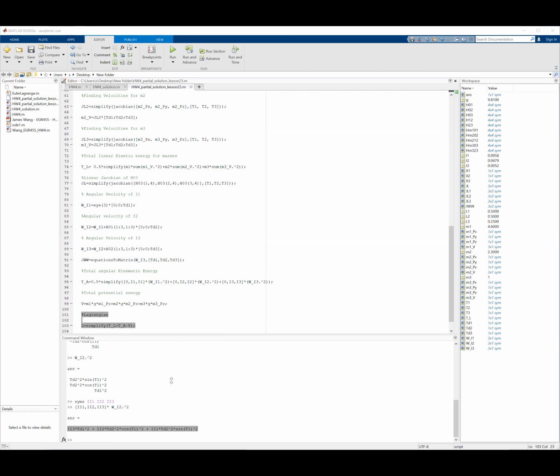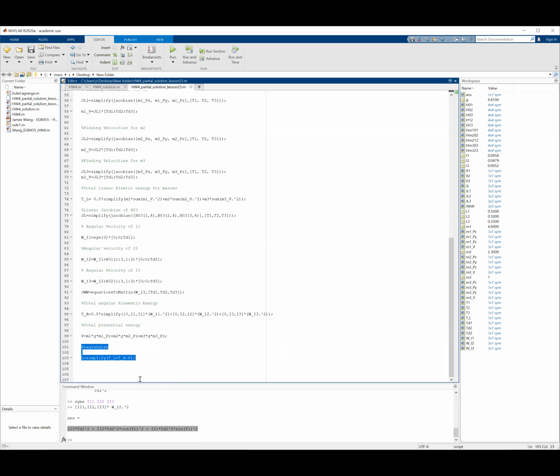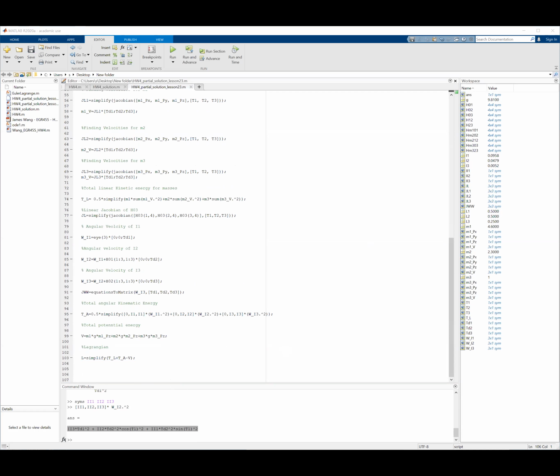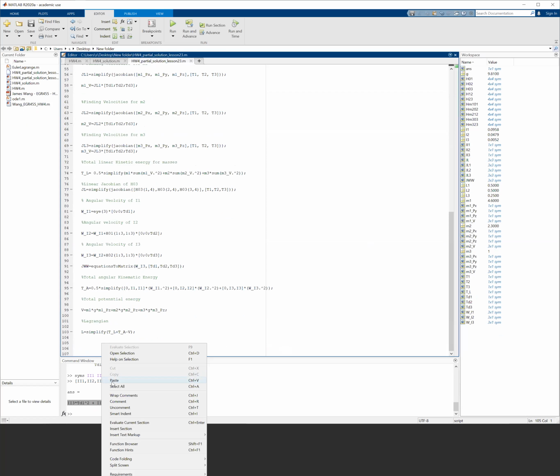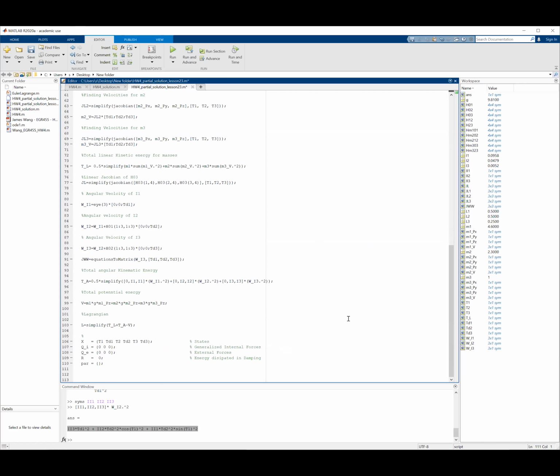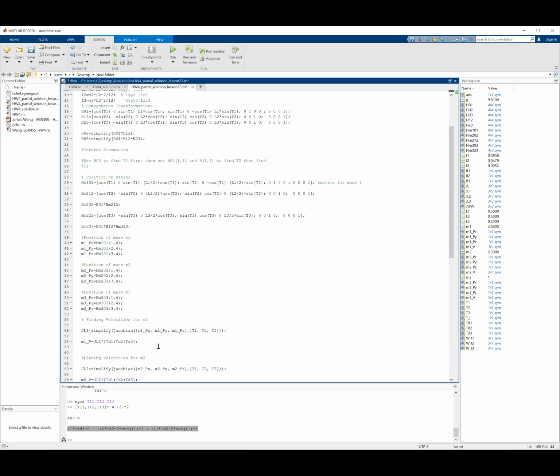Now I need to add the syntax to come up with the code to find the Euler-Lagrangian. That syntax we are familiar with, but still let me go through this. First, you want to define the states, and please note the code requires these states to be defined in a certain order.